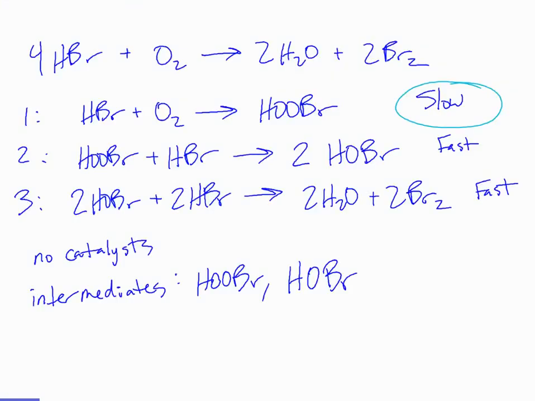The rate law for the overall reaction is simply the rate law for the rate determining, or the slow step. So that last sentence said the rate law for the overall reaction, this one, is the rate law for the slow step. This one right here.